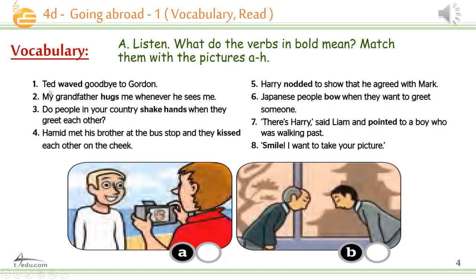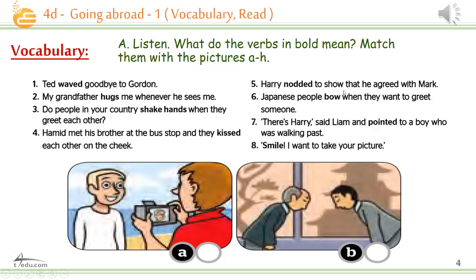1. Ted waved goodbye to Gordon. 2. My grandfather hugs me whenever he sees me. 3. Do people in your country shake hands when they greet each other? 4. Hamid met his brother at the bus stop and they kissed each other on the cheek. 5.